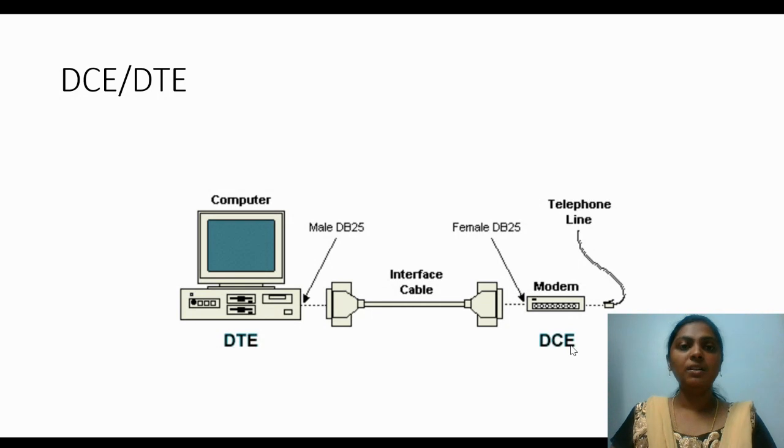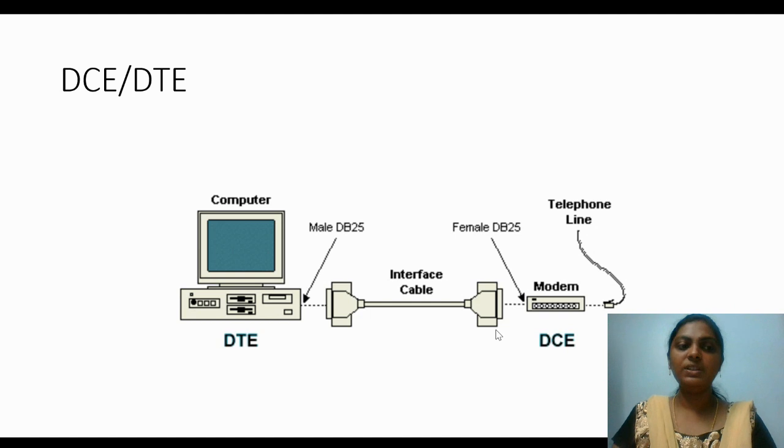We have to transform because the data should be converted to the appropriate format needed for the network. That transformation process is very important, and it is taken care of by the DCE equipment. So it transforms the data which it gets from the DTE into the appropriate format needed for the network, and then it sends this data into the network.